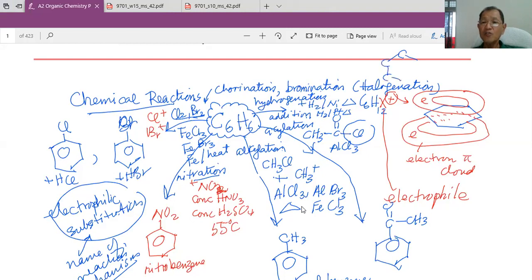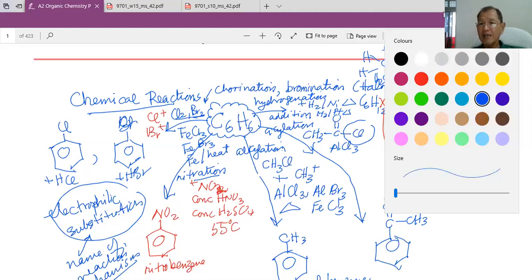Cyclohexane, you add hydrogen here. All of them become sp3 already. Hybridization now. I will just put H2 here. This is called your cyclohexane. So one addition reaction, I'm going to put a different color so they can see, yellow.